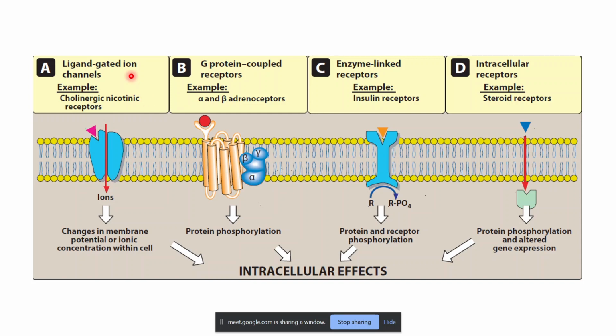So sodium that is outside will go inside, and then potassium that is inside will go outside. And that leads to the activation of the neuron, and the neuron is usually connected with the skeletal muscle, and then the muscle will contract.